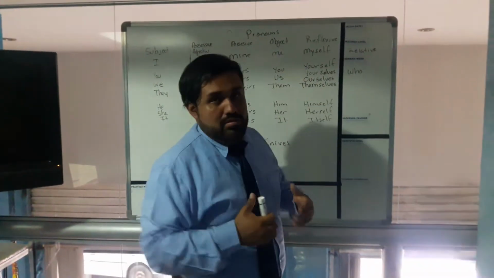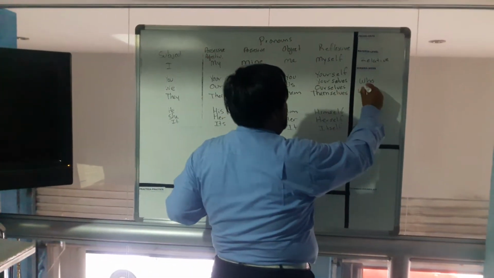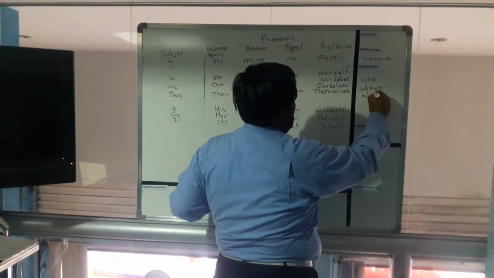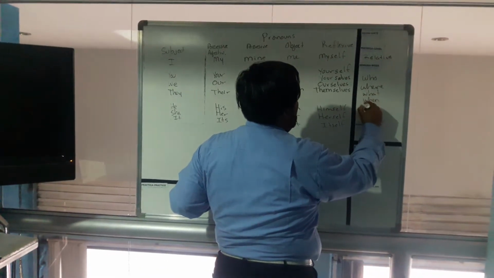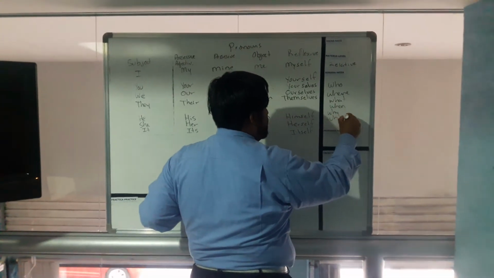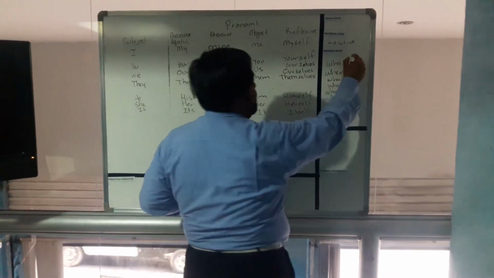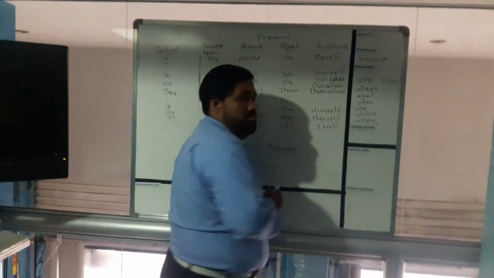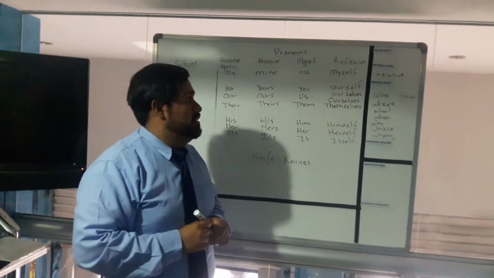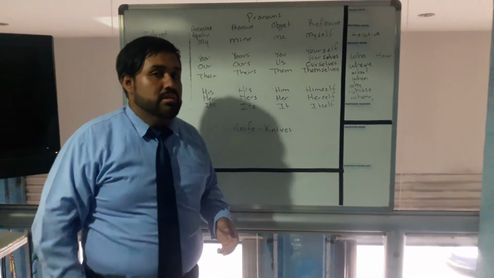And a relative pronoun can be any WH word: who, where, what, when, why, whose, whom, how.